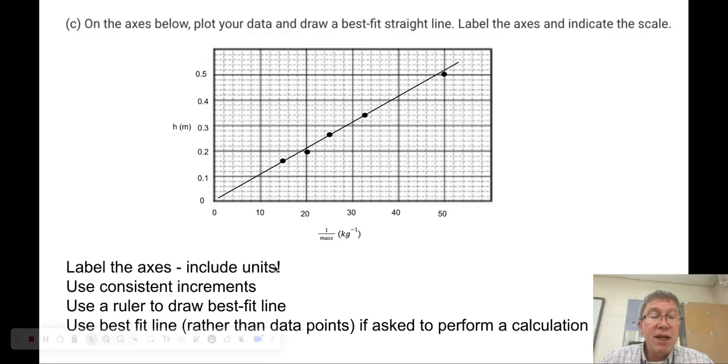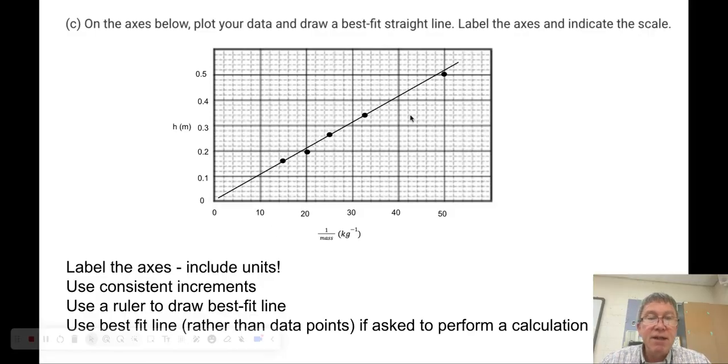And when I calculate the reciprocal, my largest reciprocal was 0.49 or 0.5, I forget which. So I'm going to go out to here. Don't do a little zigzag and start somewhere. Don't take all your data and make that the axis values. These should not be the values of your data points. These should just be consistent increments that are going to allow you to plot your data.